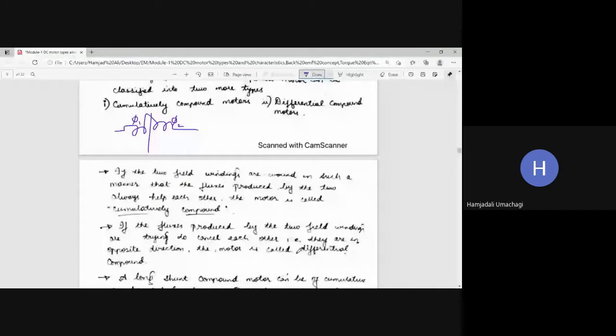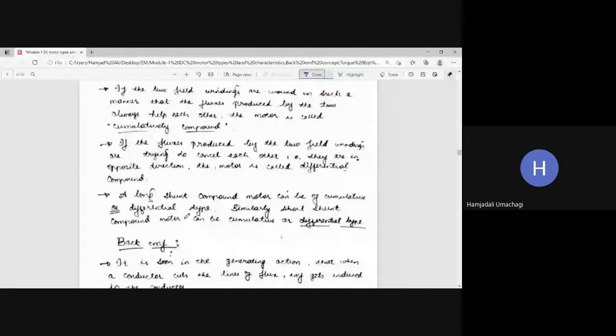As long as the shunt compound motor can be cumulative or differential type, similarly the short shunt compound motor can be cumulative or differential type. So here you can see that these compound motors, along with the DC short shunt or long shunt type motors whatever we have seen, you can also find there will be cumulative or differential type of the motor.